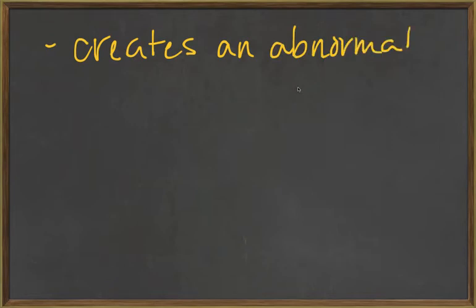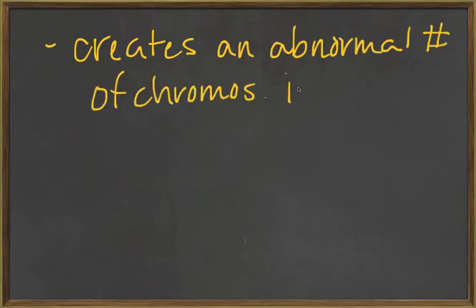What this does is it creates an abnormal number of chromosomes in the gametes at the end of meiosis. So instead of ending up with just one copy, one set of my chromosomes in my gametes, I'm going to end up with something different, something that is not the way it's supposed to work.